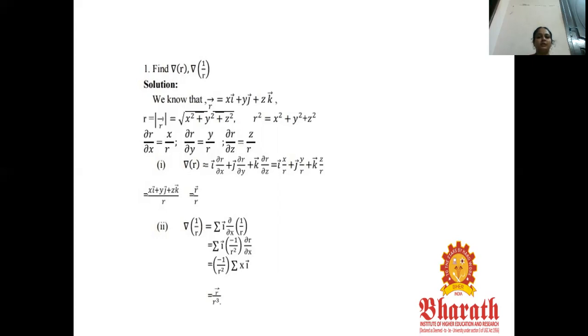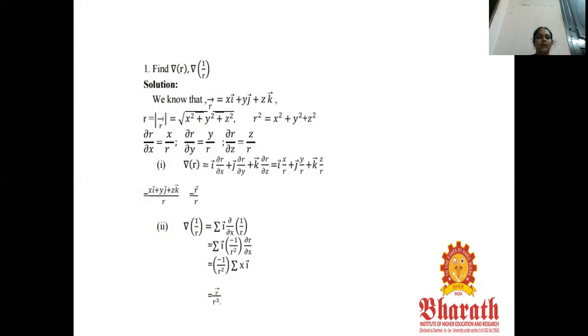Differentiating on both sides, we get 2r ∂r/∂x equals 2x, so ∂r/∂x equals x by r. Similarly, ∂r/∂y equals y by r, and ∂r/∂z equals z by r. Then del of r equals i vector ∂r/∂x plus j vector ∂r/∂y plus k vector ∂r/∂z, which equals i vector times x by r, plus j vector times y by r, plus k vector times z by r.